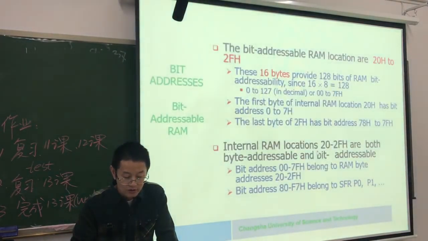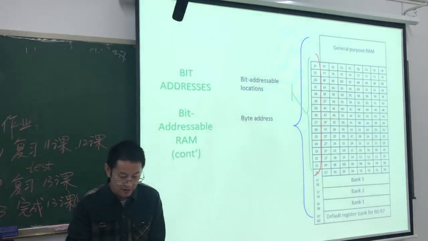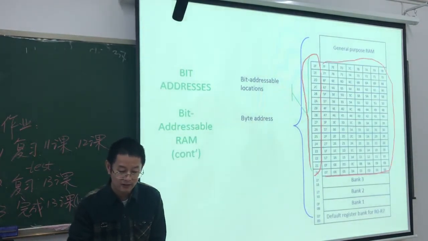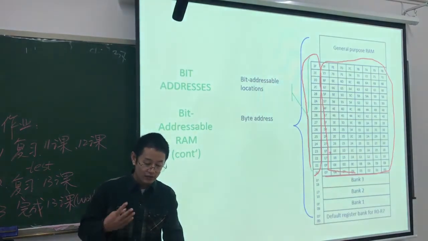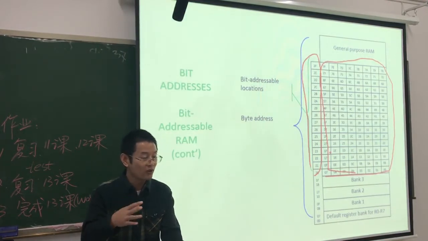Internal RAM locations 20H to 2FH are both byte addressable and bit addressable. This byte address and this bit address direct to the same location.